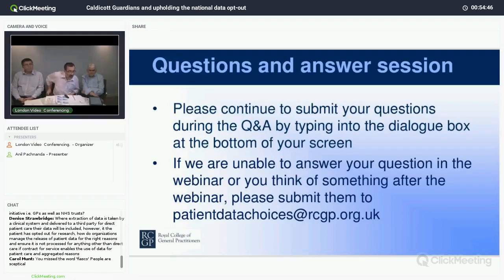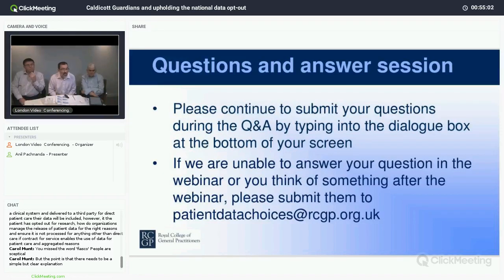Denise has, I think this relates to, so where extraction of data is taken by a clinical system and delivered to a third party for direct patient care, their data will be included. However, if the patient has opted out for research, how do organisations manage the release of patient data for the right reasons? That's the second scenario that I described.